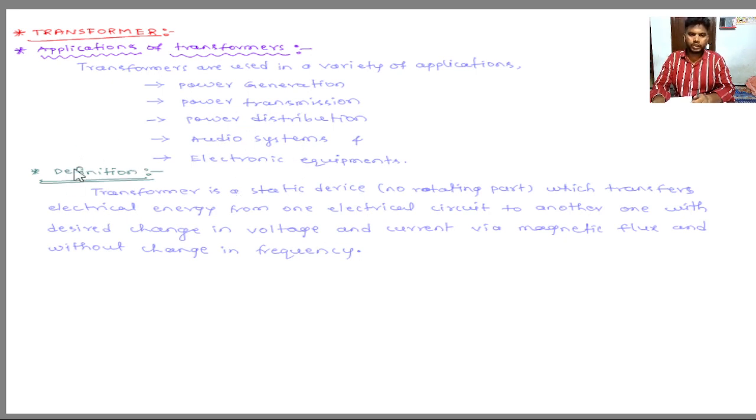Next, coming to the definition of transformer. A transformer is a static device. What is the meaning of static? It means no rotating parts.